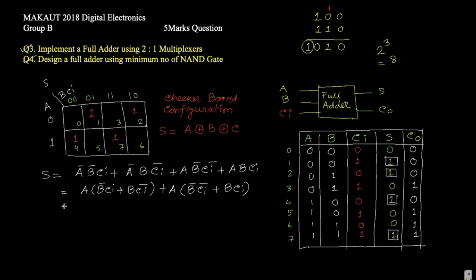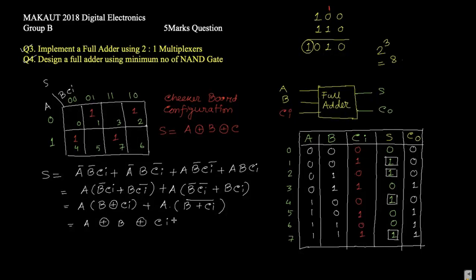So this becomes A bar into B XOR Ci, plus A and B XOR Ci whole bar. It becomes A XOR B XOR Ci.